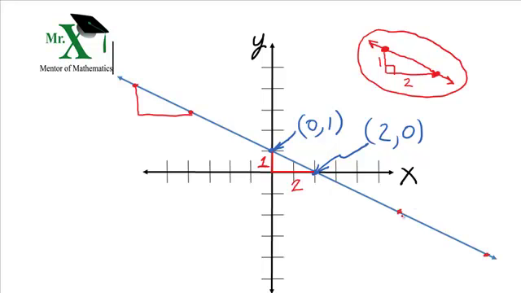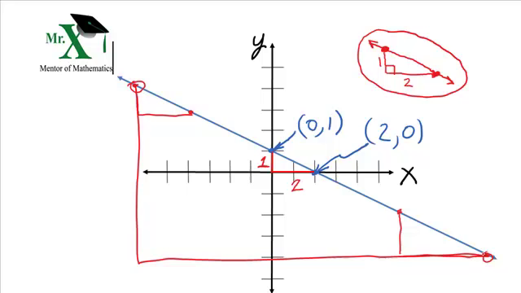Pardon my artwork, but between any 2 points on the line, we get that same shaped triangle. They're all similar. Between any 2 points, you get this little right triangle with a ratio of 1 to 2.